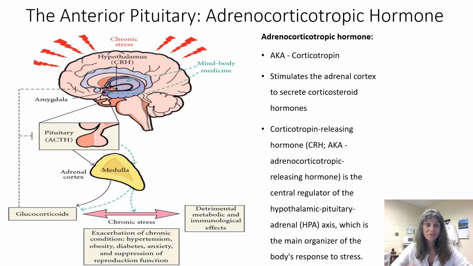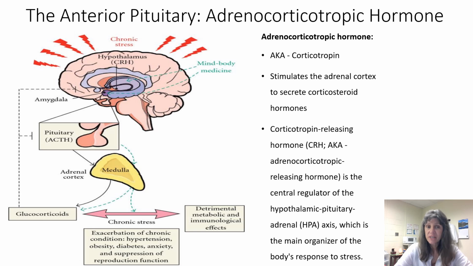And under stress, the hypothalamus releases a releasing hormone known as corticotropin releasing hormone, that is going to go to the anterior pituitary by way of the special capillary beds and portal vessels that take those hormones to the anterior pituitary.